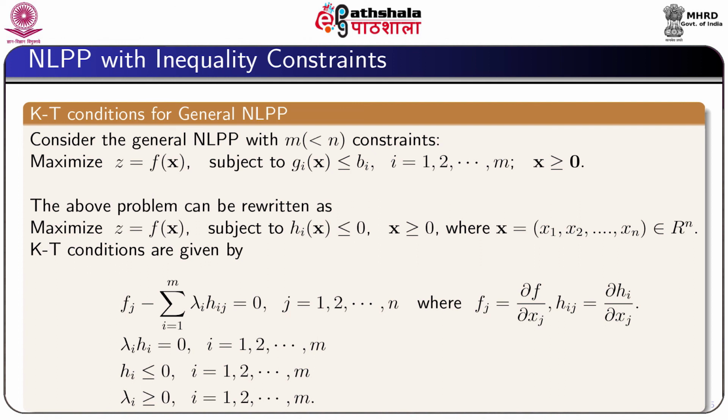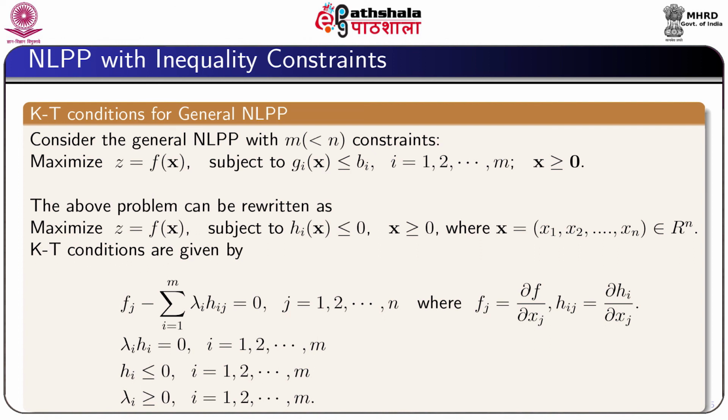Then the KT conditions are given by f_j minus summation i equal to 1 up to m lambda_i h_ij equal to 0 for j equal to 1 up to n. Here f_j equal to del f del x_j and h_ij equal to del h_i del x_j.